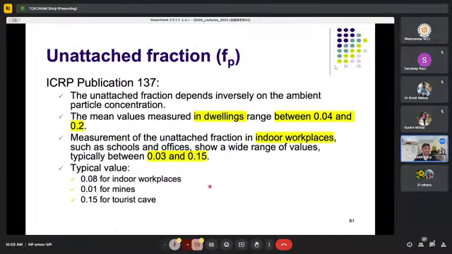The second question was on the unattached fraction. According to ICRP publication 137, the unattached fraction depends inversely on the ambient particle concentration. The mean values measured in dwellings range between 0.04 and 0.2.